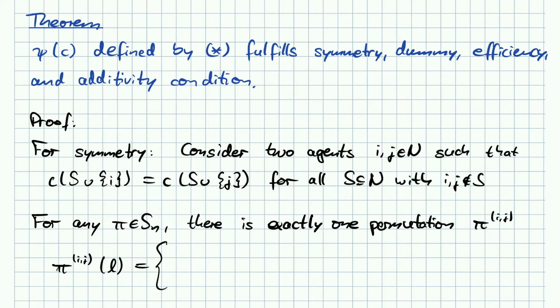Namely, what used to be pi of j is now pi of I, and vice versa. So we'll swap the images of I and j, and everything else we just don't change at all.